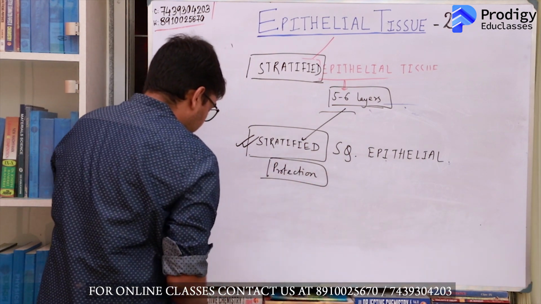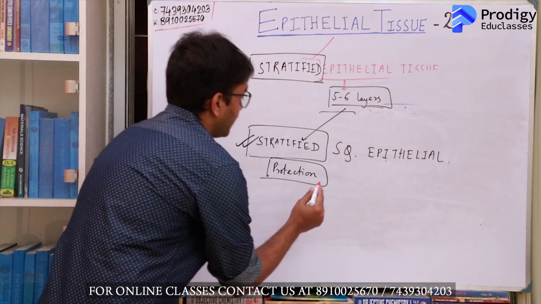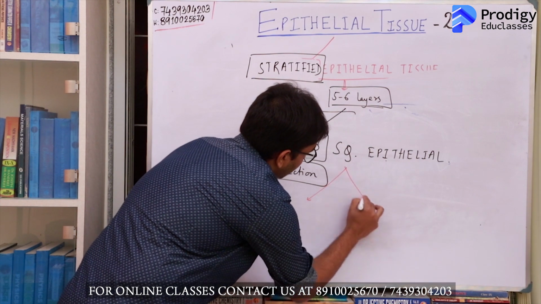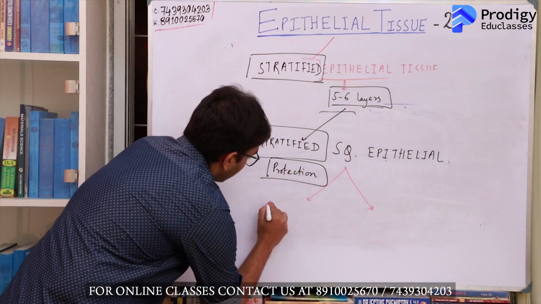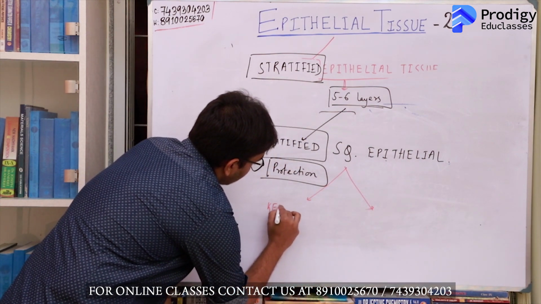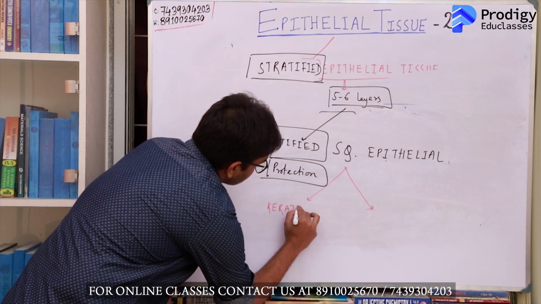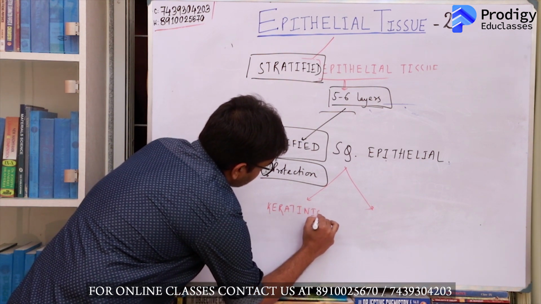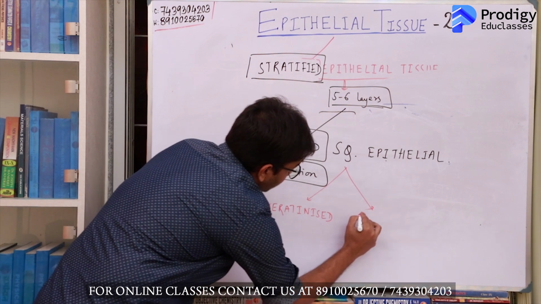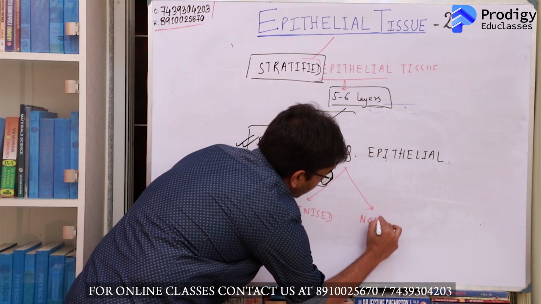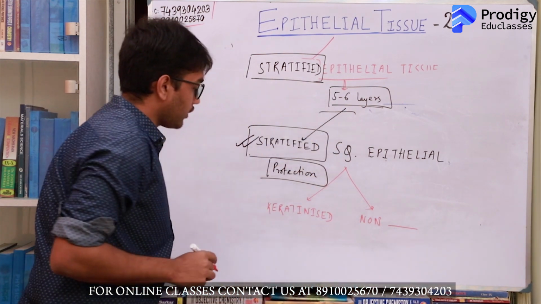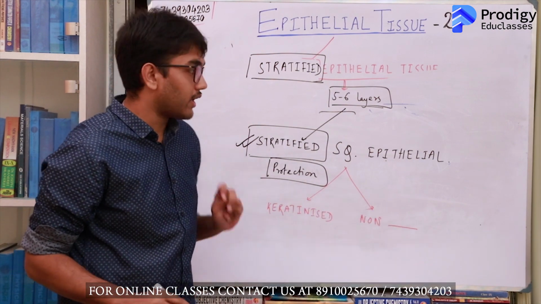So if you look at stratified epithelial tissue, you will find that it is also classified into 2 types, which are keratinized and non-keratinized. Okay, so keratinized and non-keratinized.